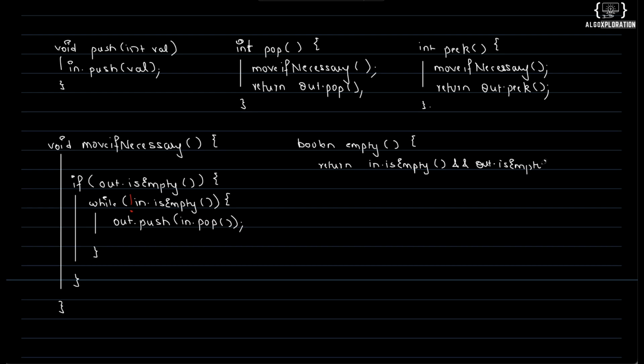If both are empty, then we can conclude that the stack is empty. If this is empty, it will return true. If this is also empty, it will return true. So true and true will give me true. So if the elements are not there, this function will give me true, otherwise false. So I believe you got this solution. If you didn't, you can try running it by yourself.